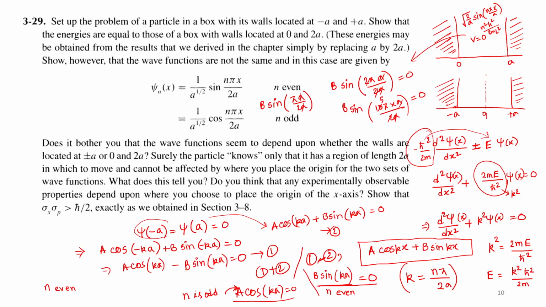Now the general solution, I will write it here. The equations we got are a cos ka is 0 and b sin ka is 0. So the general solution means the solution is common for both.